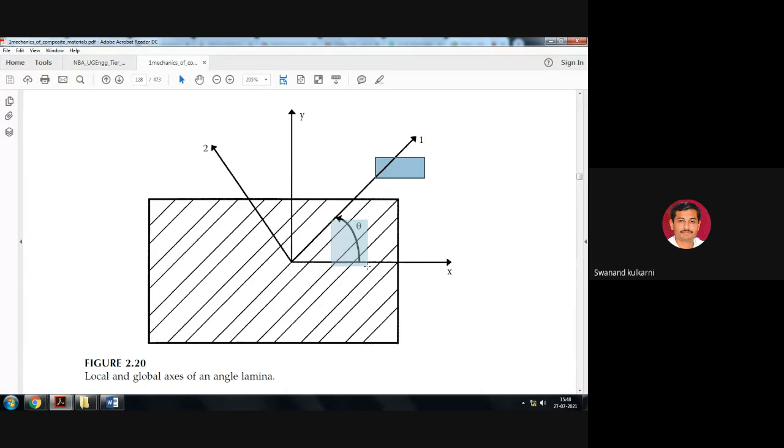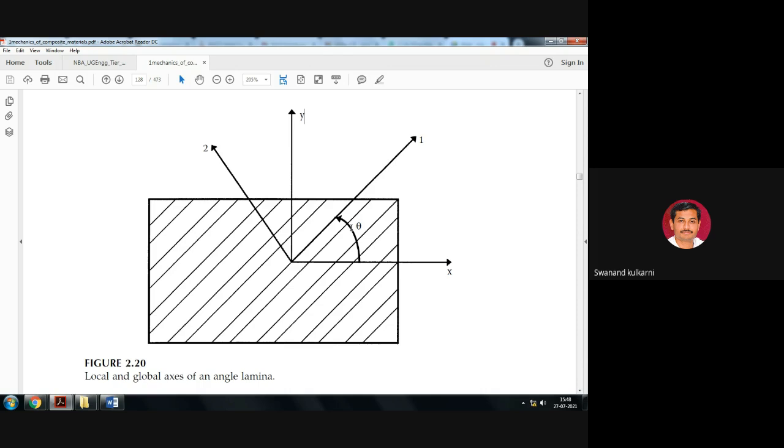So theta represents the angle of this reinforcement with reference to the x-axis. If this is exactly equal to the x-axis, then sigma 1 will be equal to sigma x, and sigma 2 is equal to sigma y. But this is not happening. These reinforcements have a certain angle, and that angle is theta. Is it okay? Which is shown here.